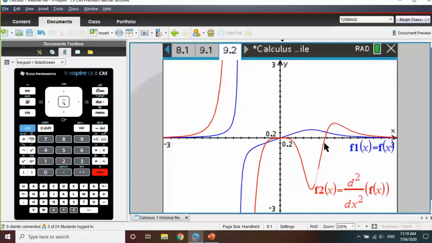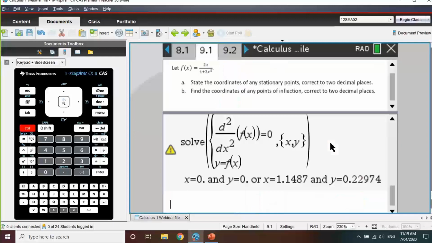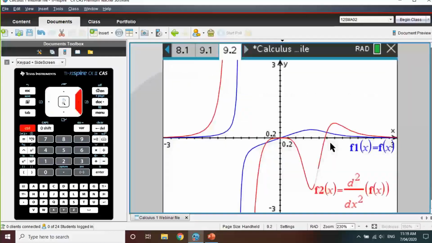Whereas at the other point of 1.15, the second derivative crosses the x-axis and changes from negative to positive. So what this is telling us is that in actual fact, the only point of inflection is this one here, at the 1.15, whereas the origin is not a point of inflection because the second derivative, the concavity, isn't changing. Second derivative is still negative on either side of that 0.